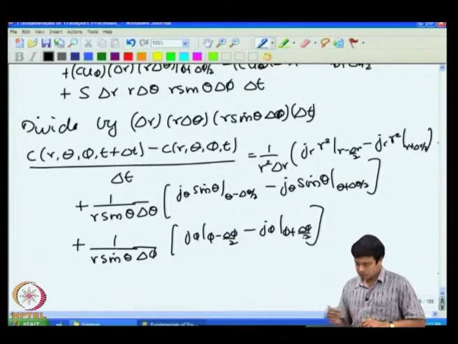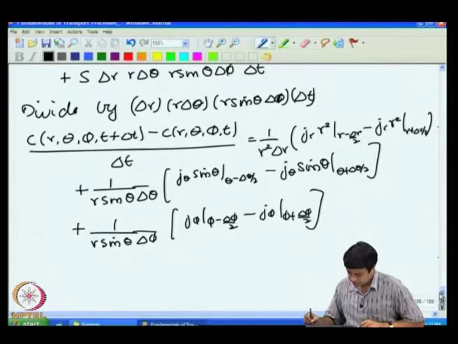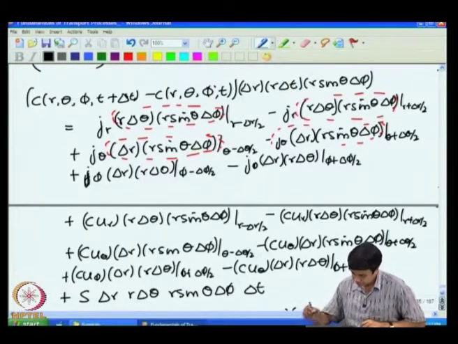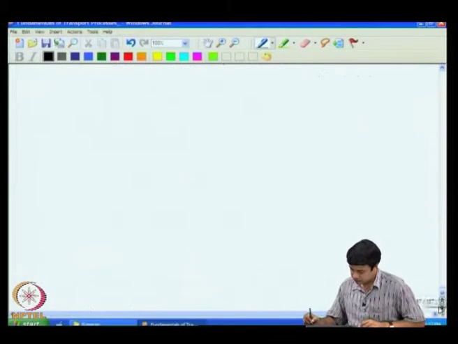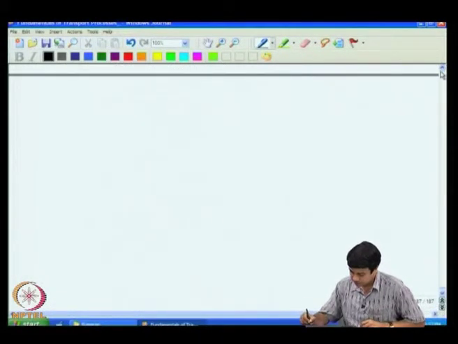And then there are the convective terms. I get the convective terms by just substituting C U_r, C U_theta and C U_phi within these equations.